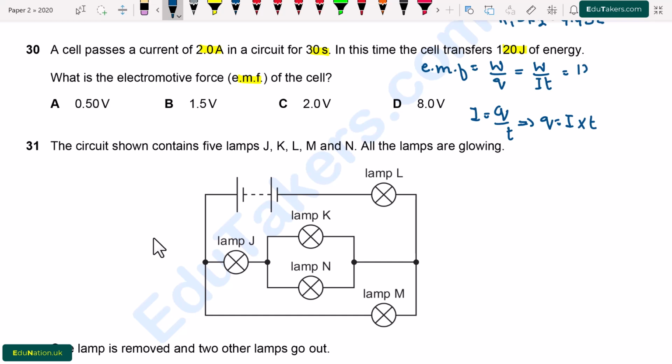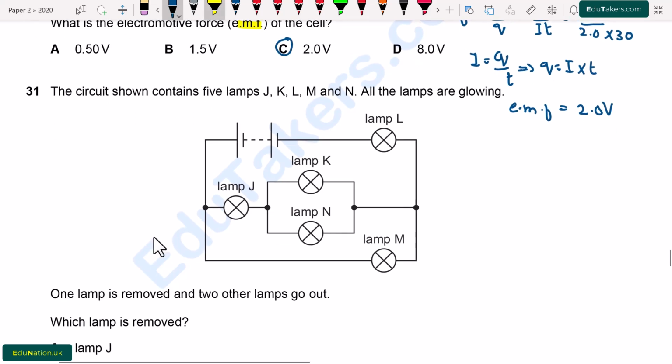W is 120 divided by 2.0 and 30 seconds. So the value of EMF will be equal to 2.0 volt. From here option C is correct.